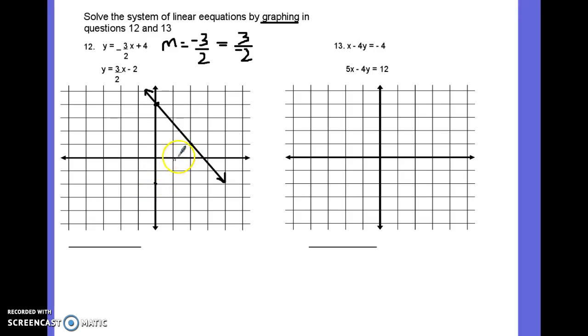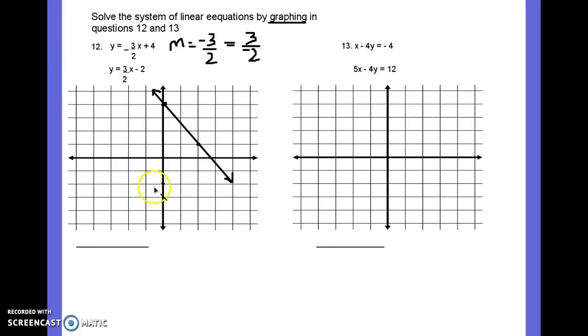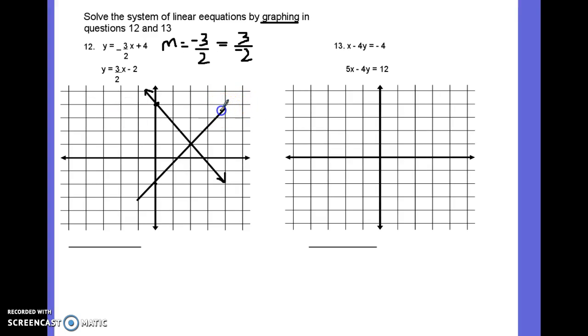So I'm going to draw my line through here. Like this. So you can see where the solution is. Let's put a little arrow there indicating that this line continues.